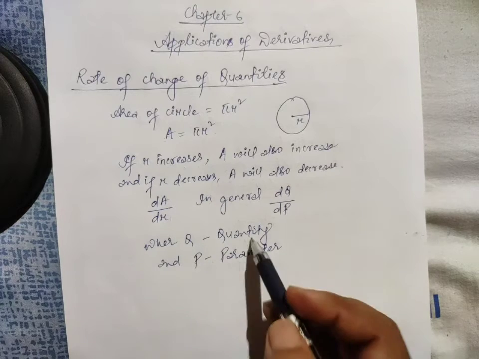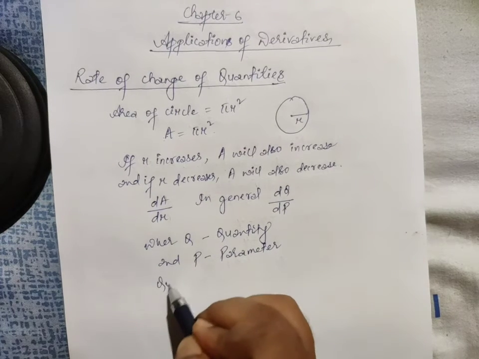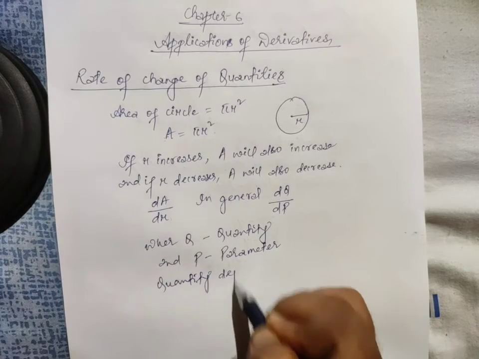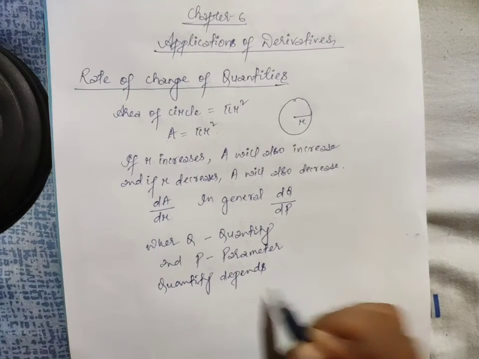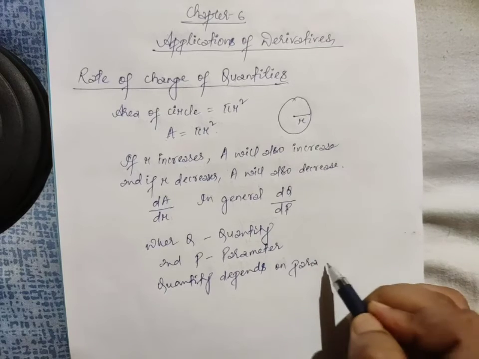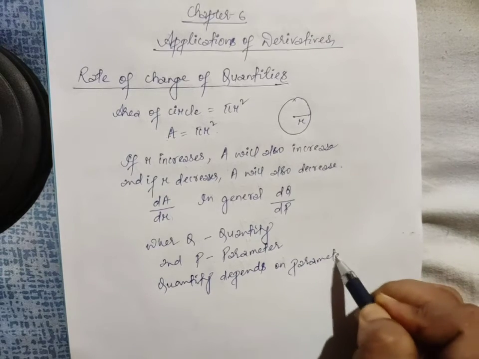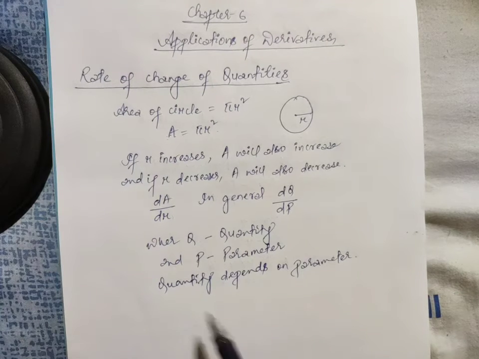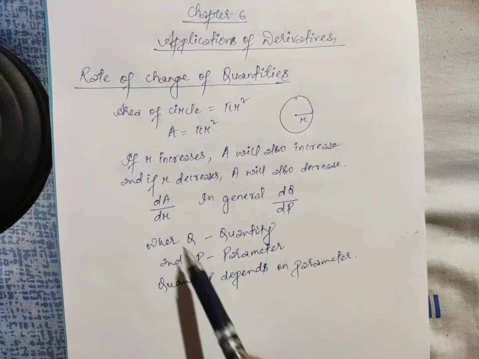Okay, and this quantity depends on the parameter. That means if parameter changes, this quantity will also change. So here area is changing with radius.